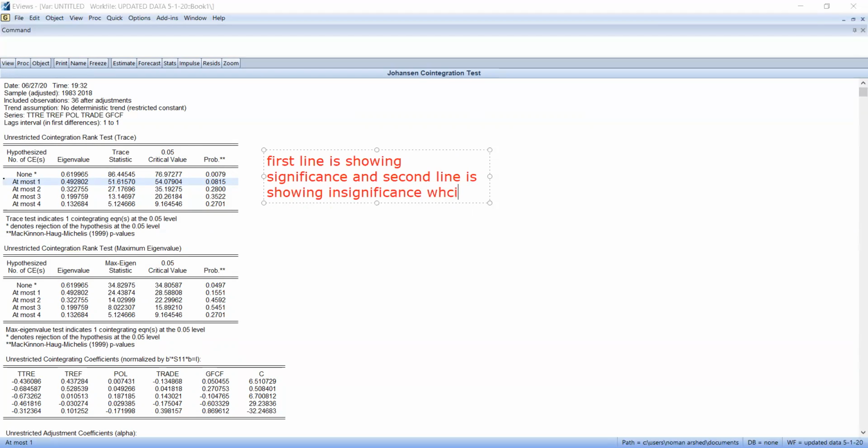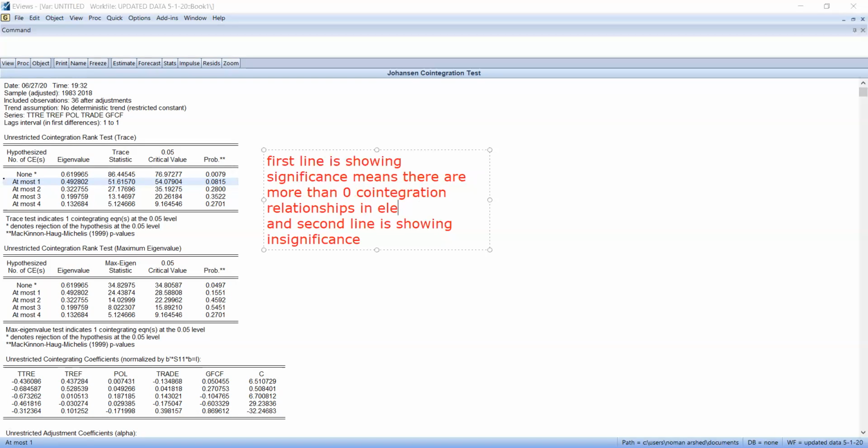which means there are more than 0 cointegration relationships in the selected variables.